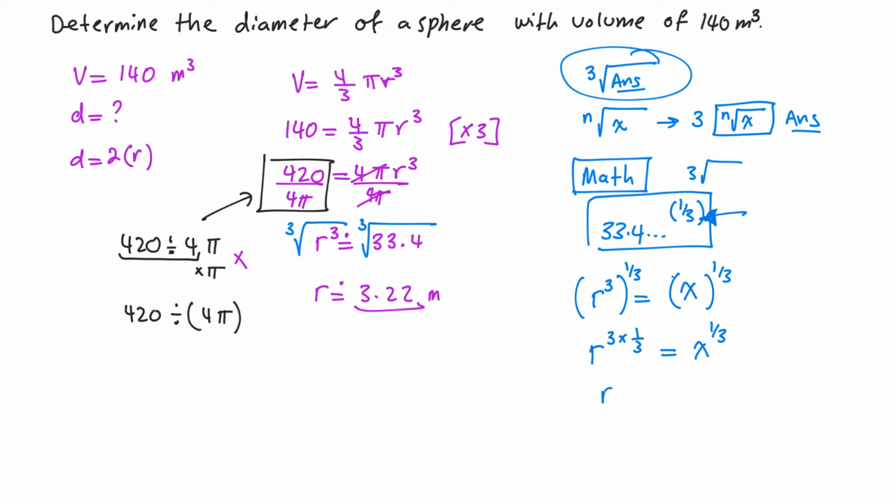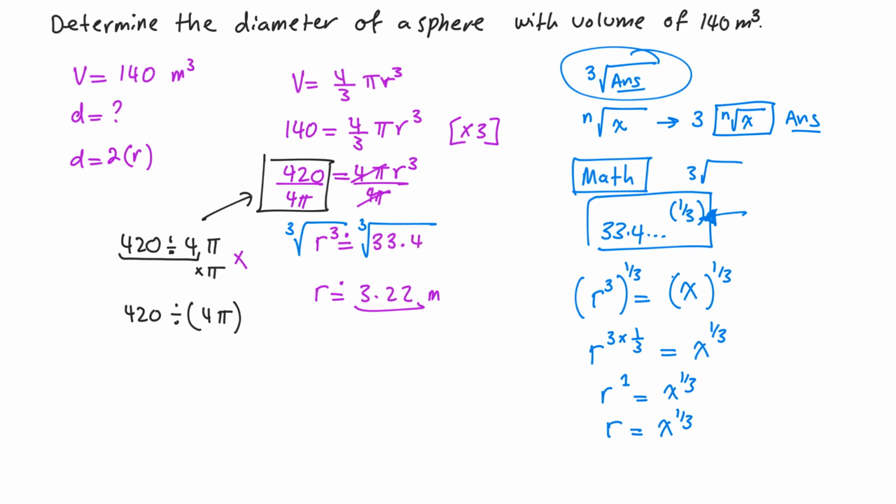So on the left side I will get r to the 1 is equal to x to the 1 over 3, and a number to the exponent 1 is just itself, so it just becomes r is equal to x to the 1 over 3, where x here is the same value that we had over here.